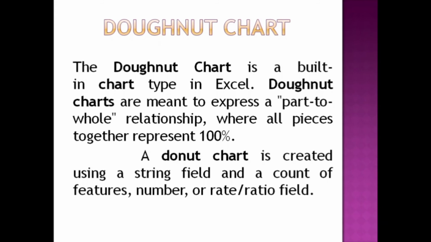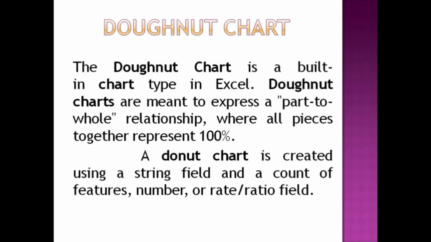The next type of chart is our donut chart. The donut chart is a built-in chart type in Excel. Donut charts are meant to express a part-to-whole relationship where all the pieces together represent 100%.